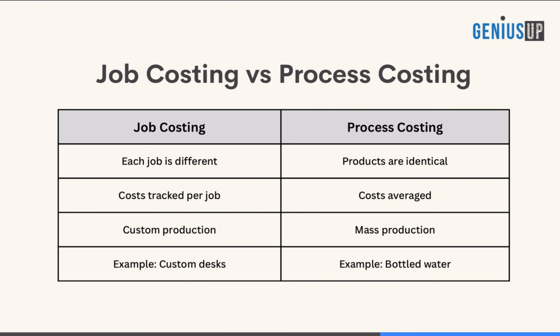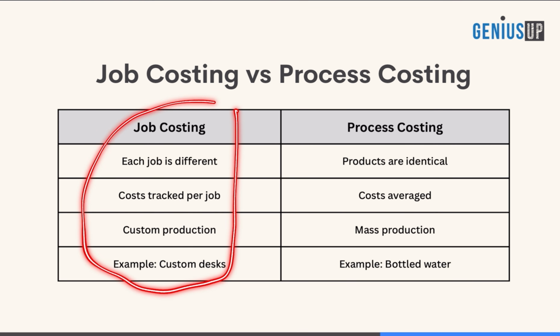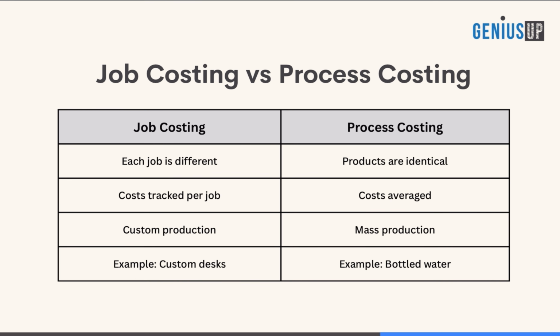So let's chat about the difference between job order costing and process costing. In job order costing, each job is different. We spoke about this. Usually the goods are customized. In process costing, the products are identical. You might not have done process costing, but the most important part to understand is how job order costing works, to say each job is different.